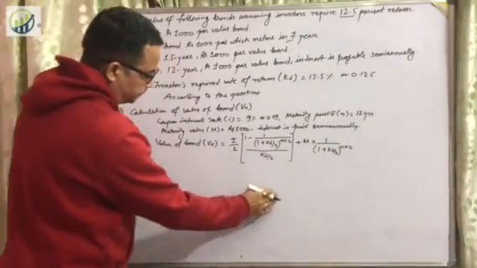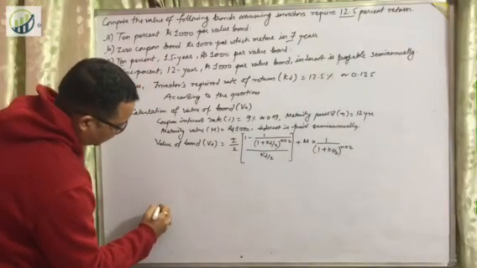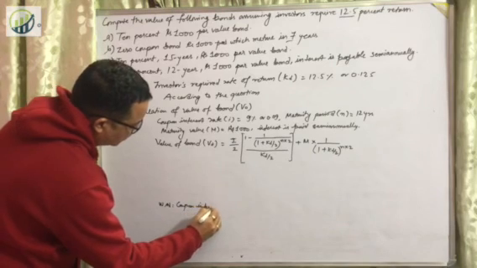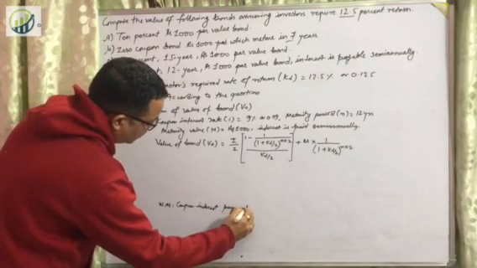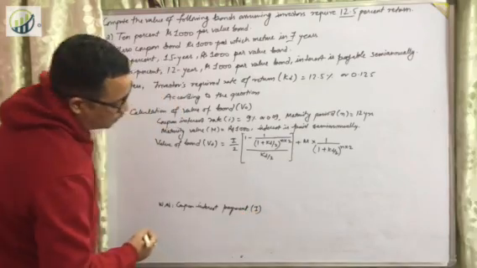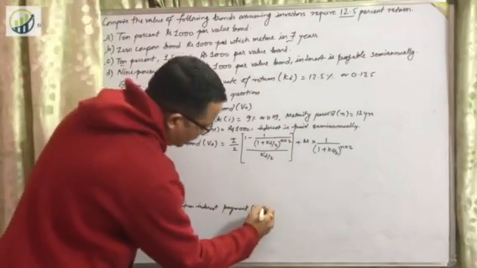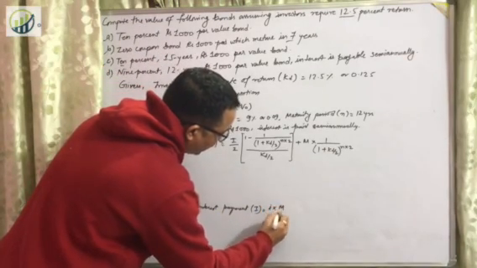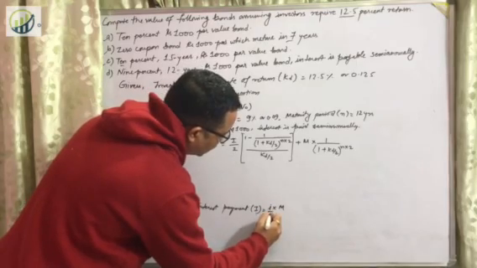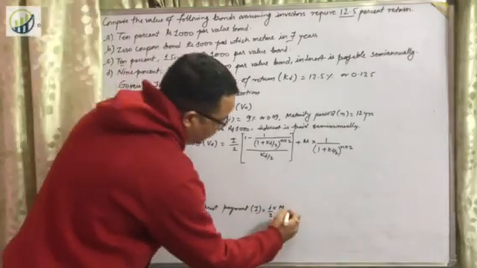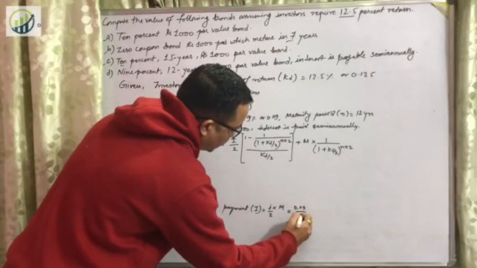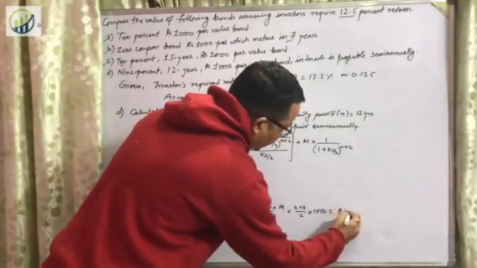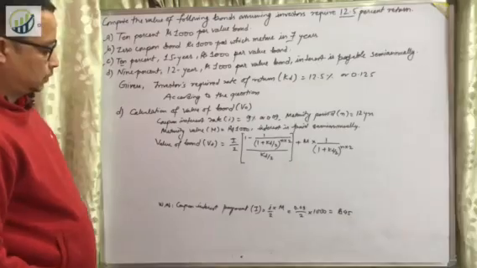So for the coupon interest payment, let's write the working note. Coupon interest payment I is small i into M divided by 2, so this is 0.09 divided by 2 into 1,000. That will be rupees 45. So this is your coupon interest payment.